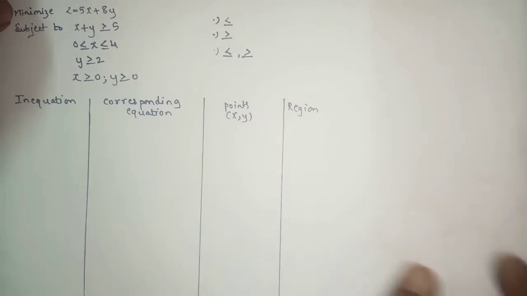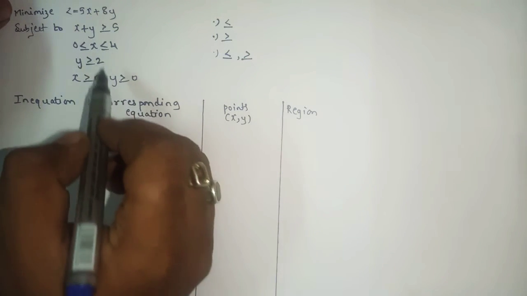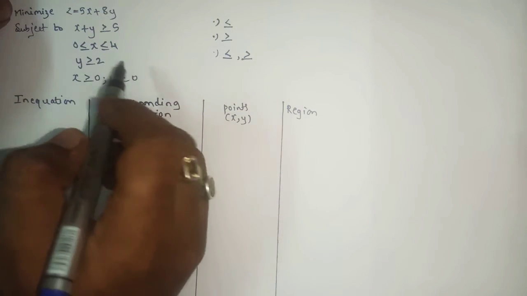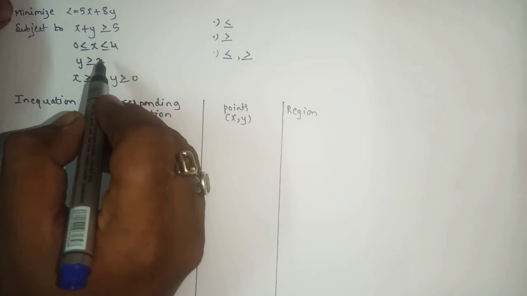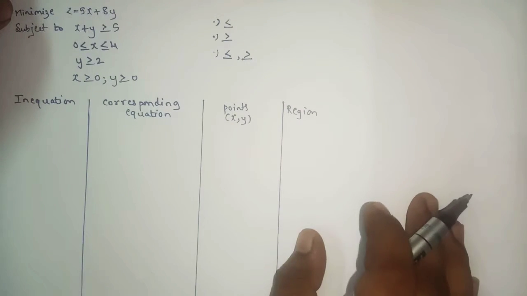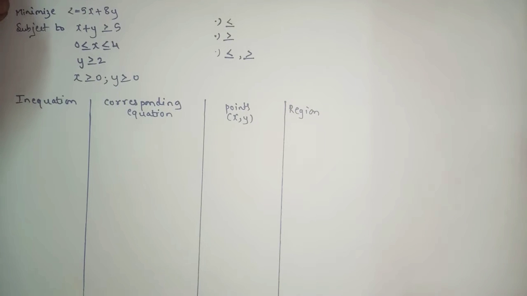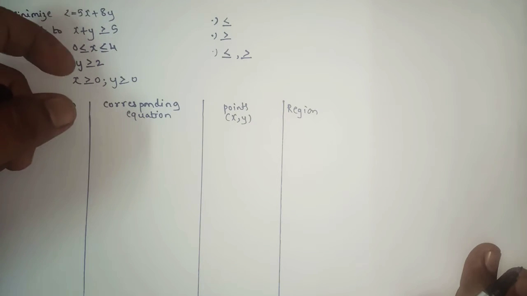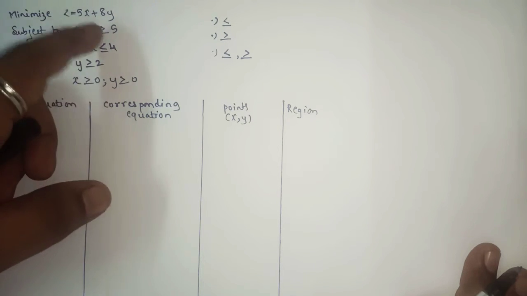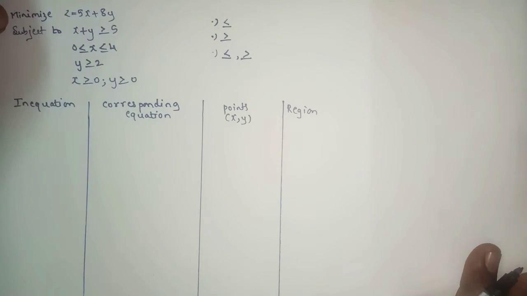Now we are left with the last part of the topic, where you will see more than two linear inequations, and the connection is less than equal to as well as greater than equal to. So this is the last part of the graphical method, where we will be dealing with sums in which you have more than two linear inequations and the connection will be less than as well as greater than together in the sum.